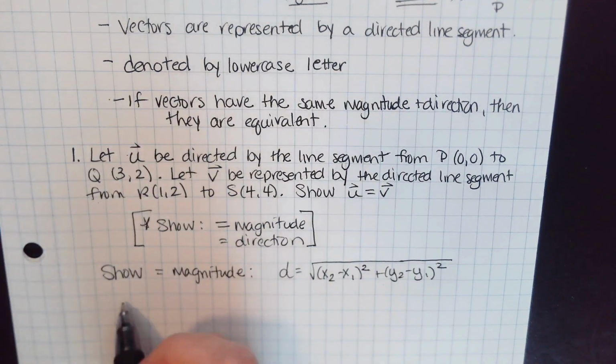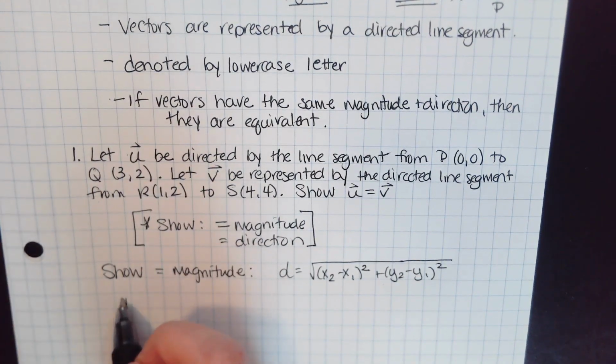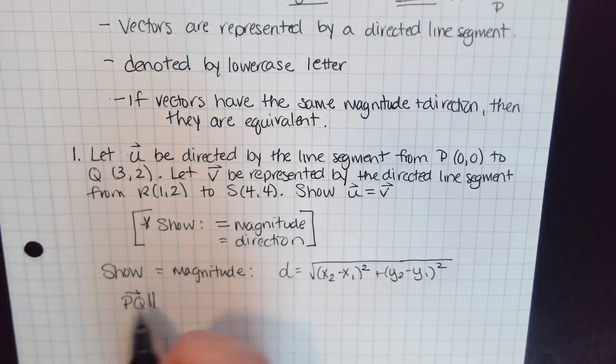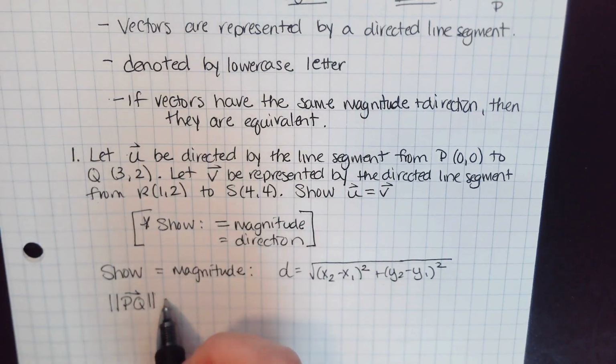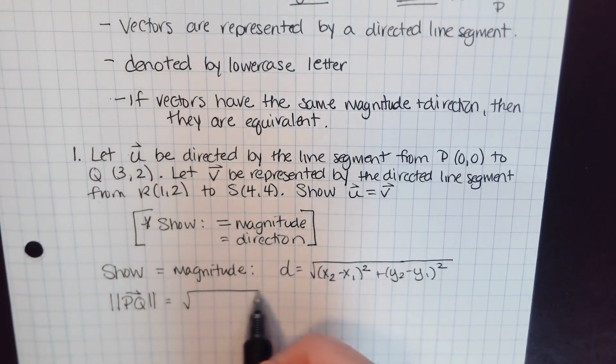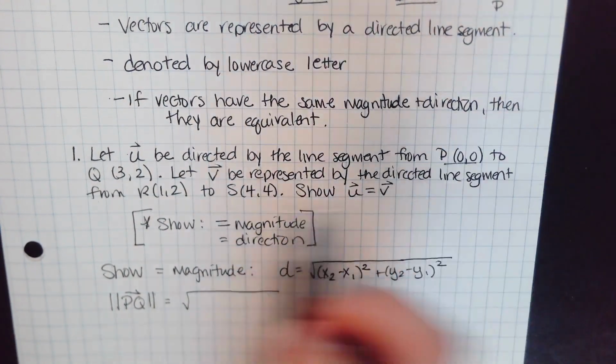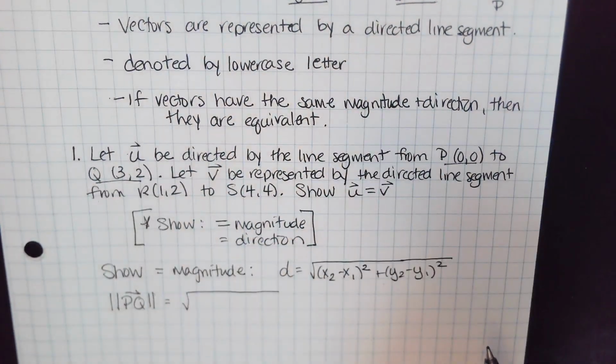So if I want to find the length from P to Q, I'm going to find the distance of PQ. And to show magnitude of this vector, you show double absolute value bars. That means magnitude. So I'm going to take those 2 points for P and Q, and I'm just going to find the distance between them.